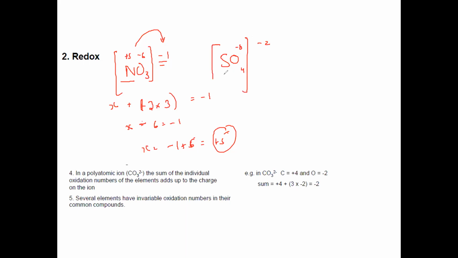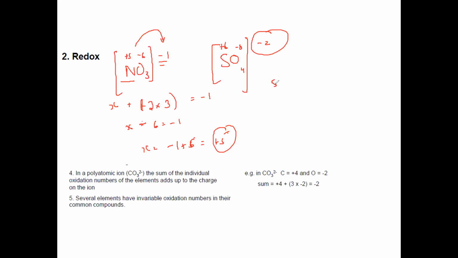What should be the oxidation number of sulfur in this sulfate ion to get the result -2? It should be +6, because +6 -8 results in -2.